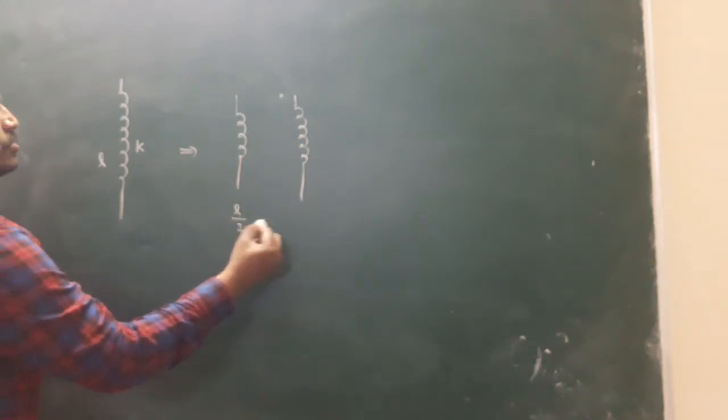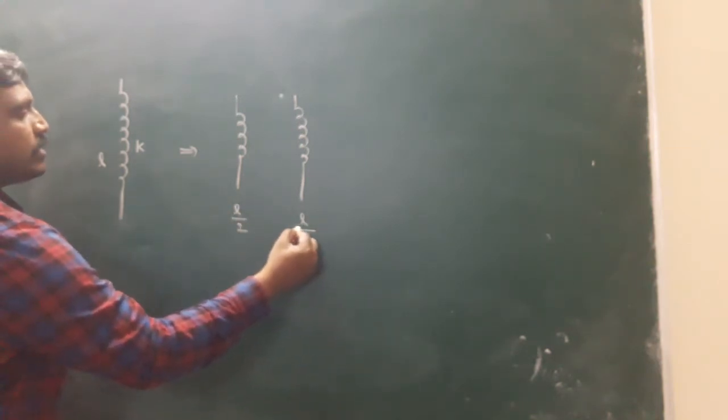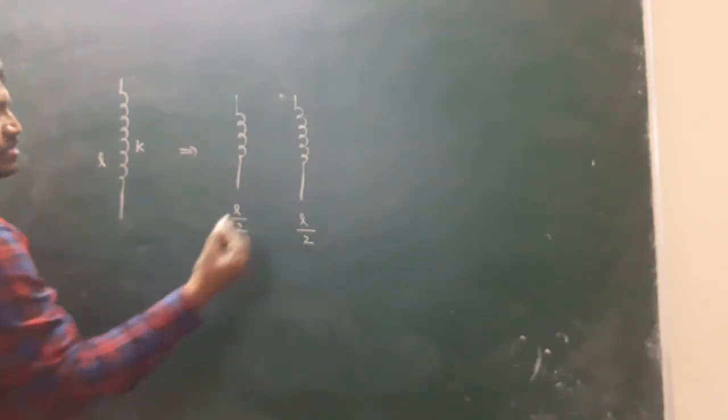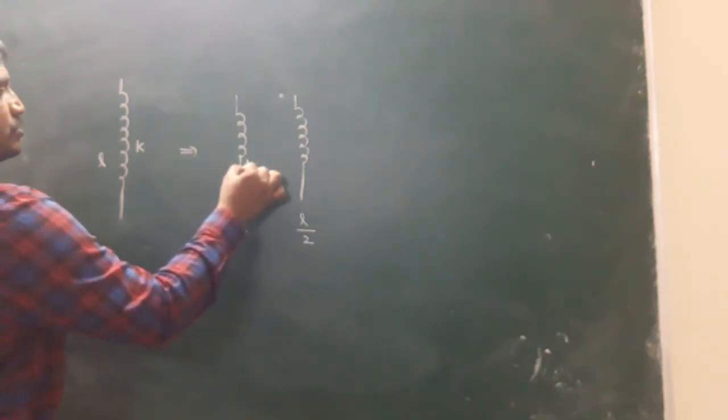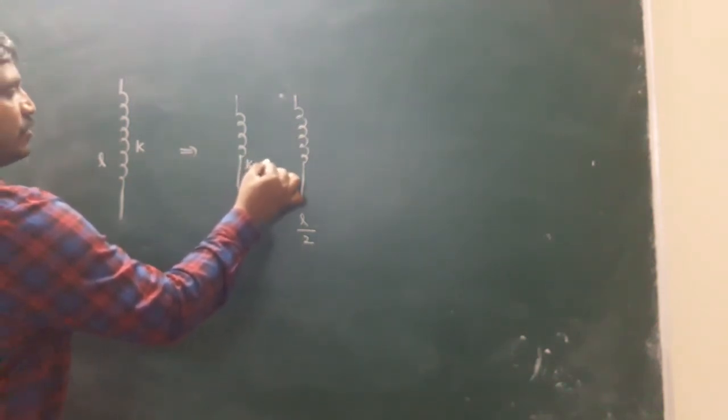First spring length is L by 2. Second spring length is L by 2. The spring is cut into two equal pieces. The question is to find the spring constant of each piece.